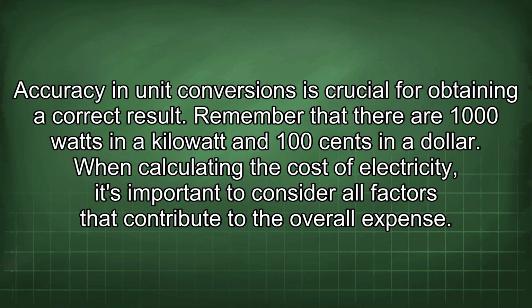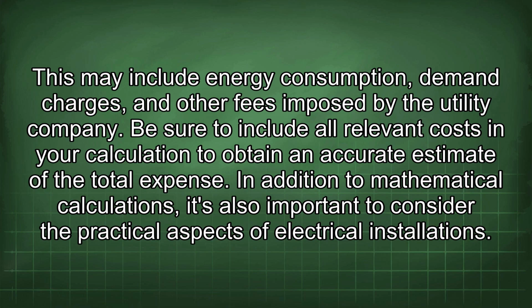When calculating the cost of electricity, it's important to consider all factors that contribute to the overall expense. This may include energy consumption, demand charges, and other fees imposed by the utility company. Be sure to include all relevant costs in your calculation to obtain an accurate estimate of the total expense.